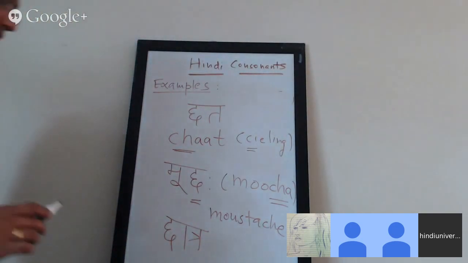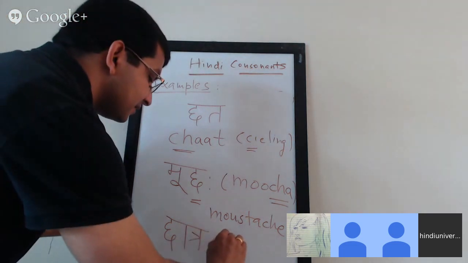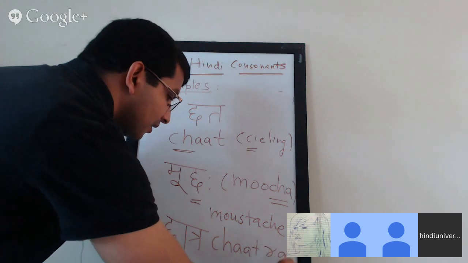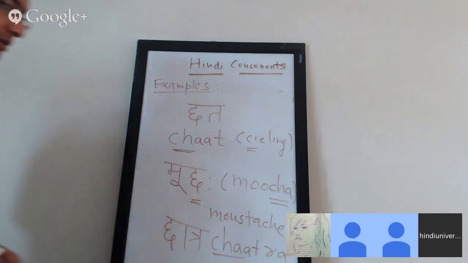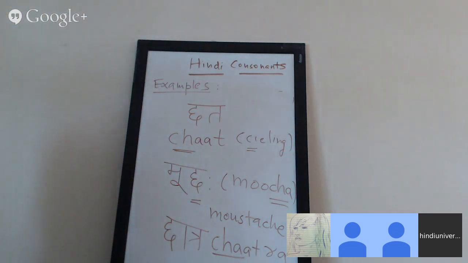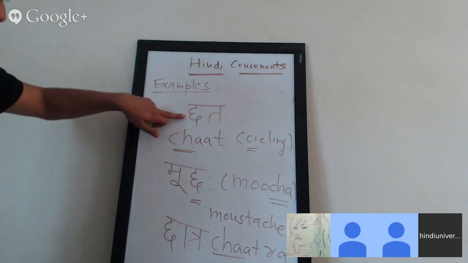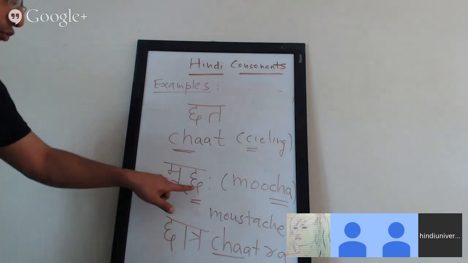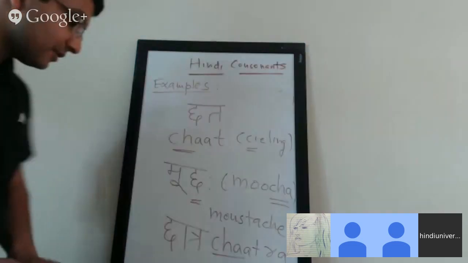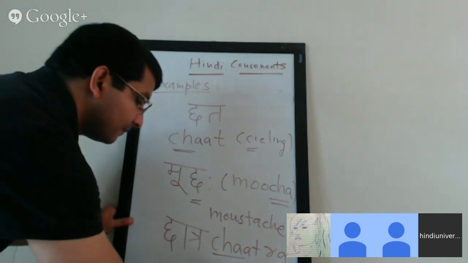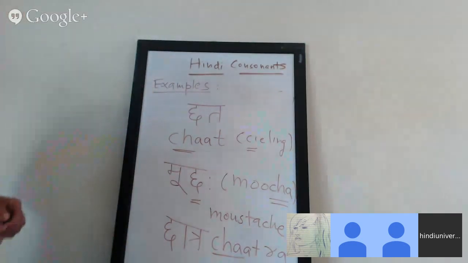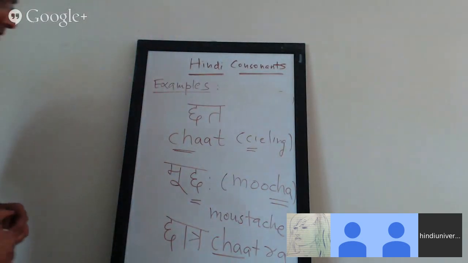The way you write it is C-H-A, chhatra. Okay, so just to repeat: chhat, which is ceiling, mooch, which is mustache, and chhatra, which is student.